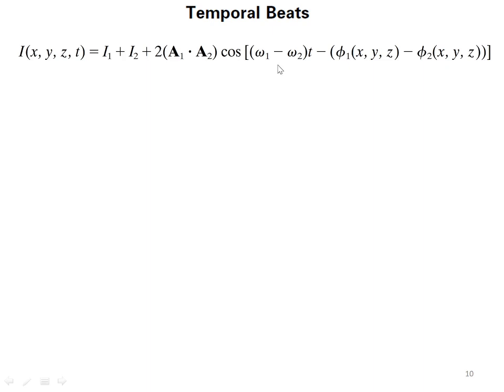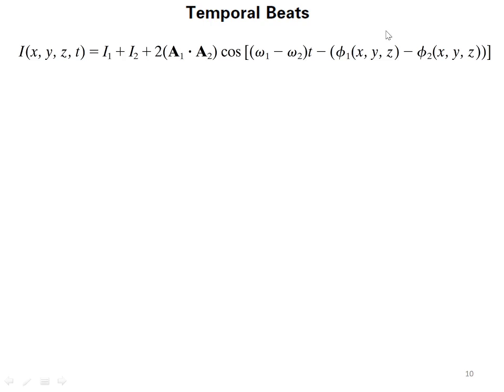You will be finding maxima and minima, but these two will not be consistent over time. These will be the temporal beats, and that's the term which leads to the temporal beats. If the two sources have slightly different frequencies, there will be temporal beats. The intensity will sometimes be higher, then decrease, increase, decrease. And if this difference is large, then the temporal beats will be very rapid, and we won't be able to observe anything on the screen.